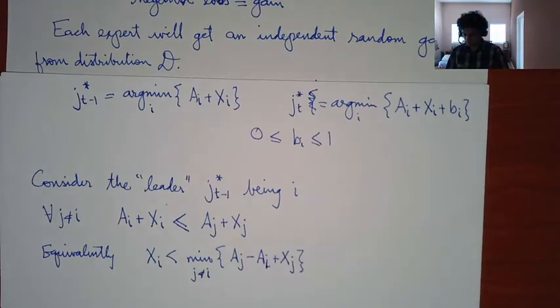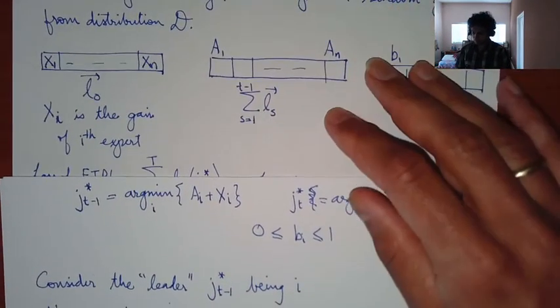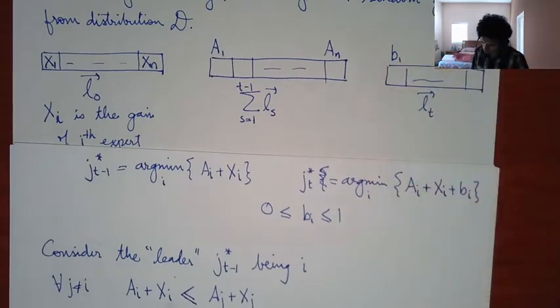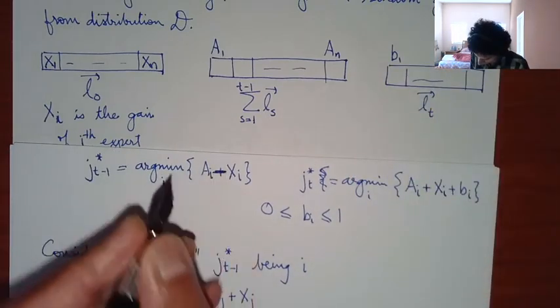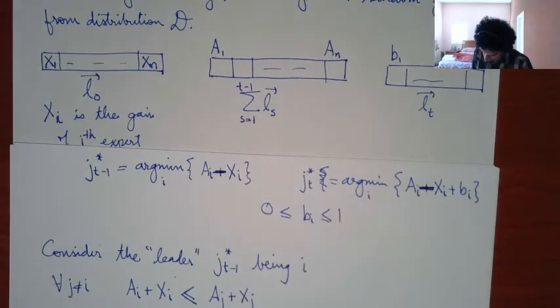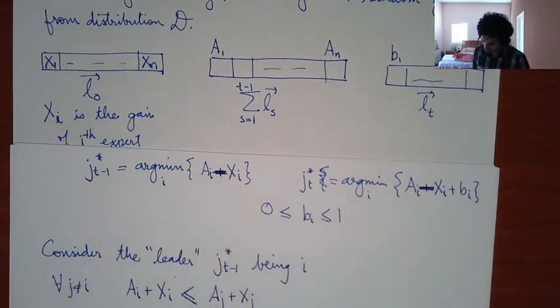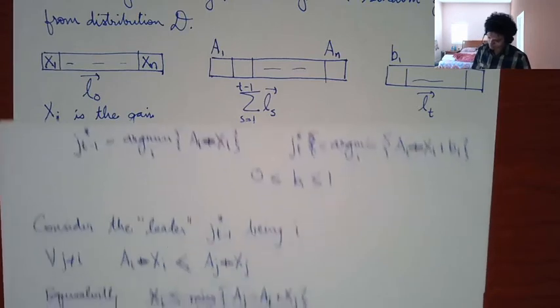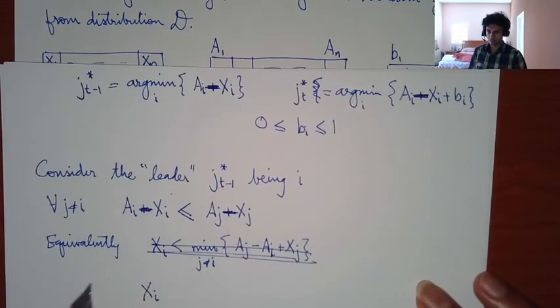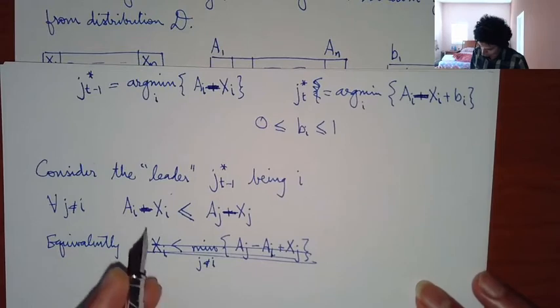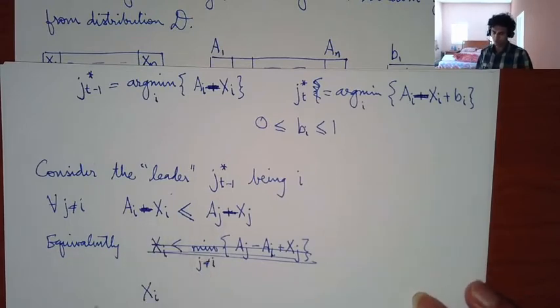Now, I think I should have put a minus sign there. This is going to be useful for me, because I said these were gains, so I'm subtracting this out. So equivalently, moving this around, x_i has to be greater than everything. My apologies.